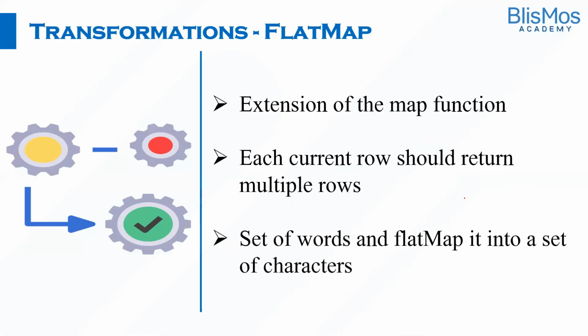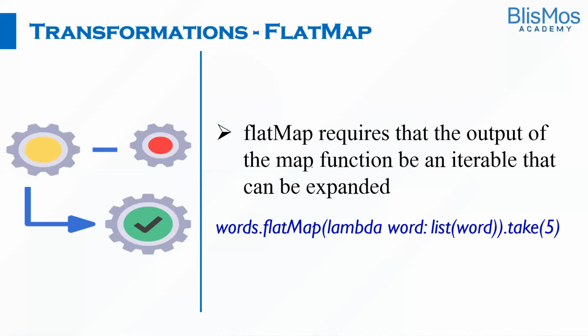For example, when you take a set of words and you want to flat map that into characters, that is when we can use the flat map. One important thing here is the flat map requires that the output of the map function be an iterable, meaning it has to iterate through the different elements in a word.